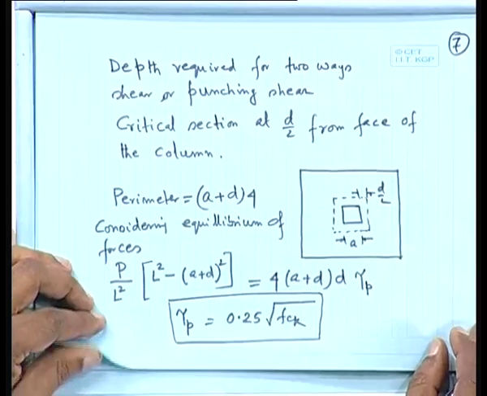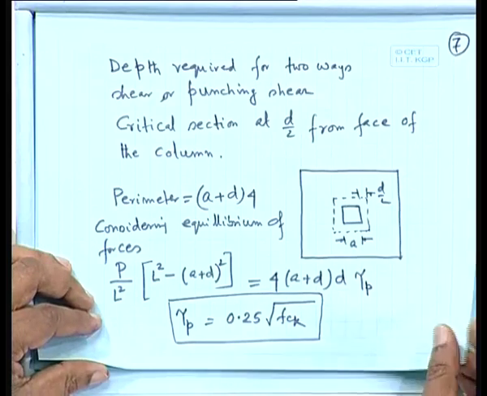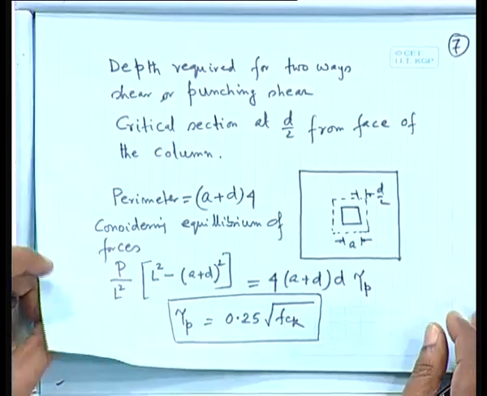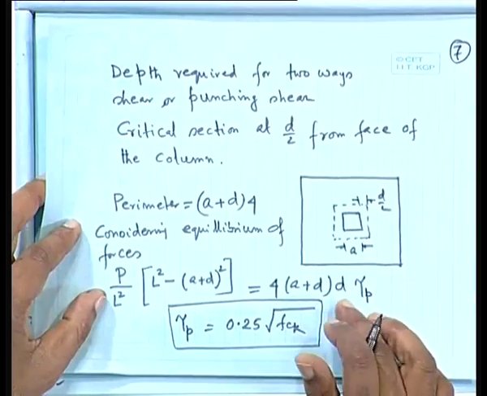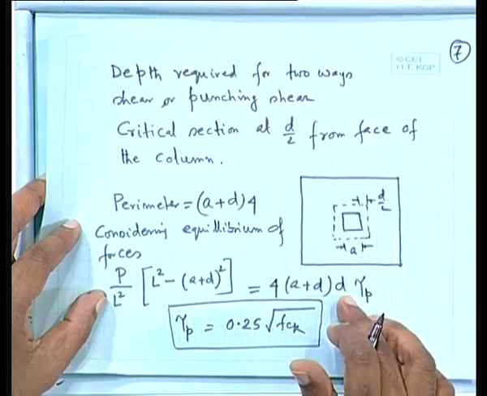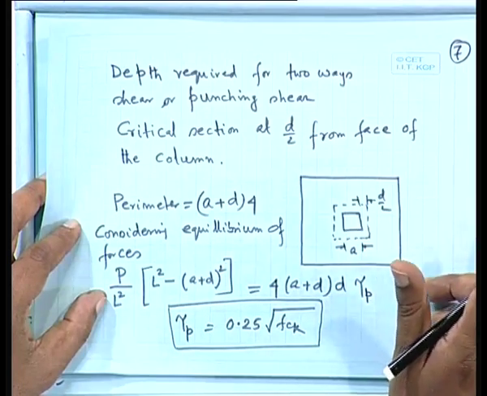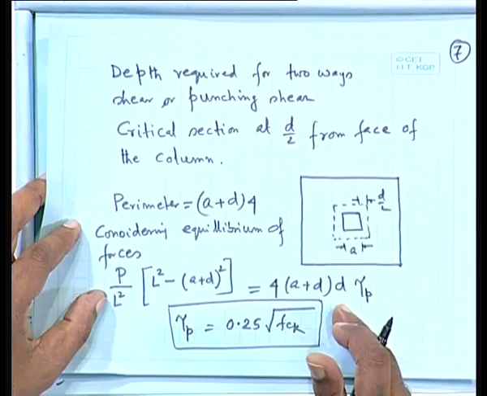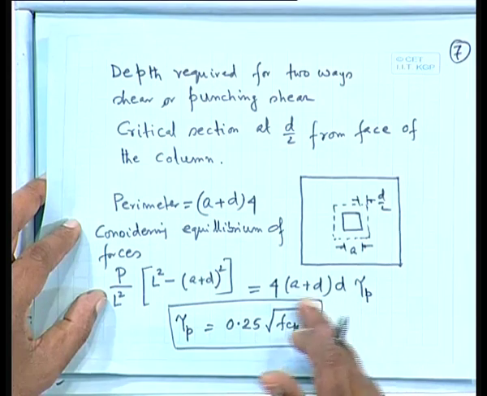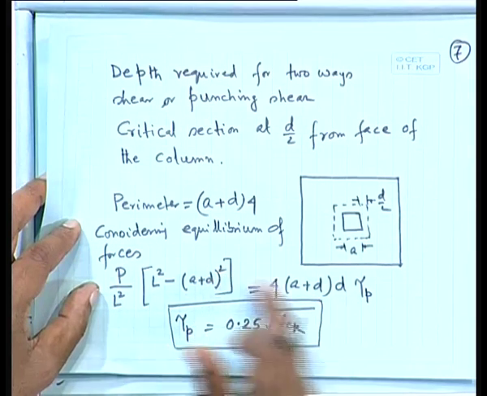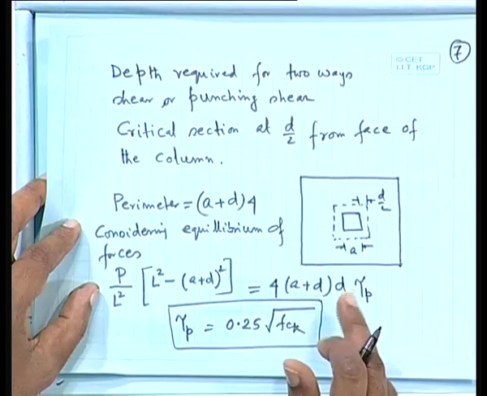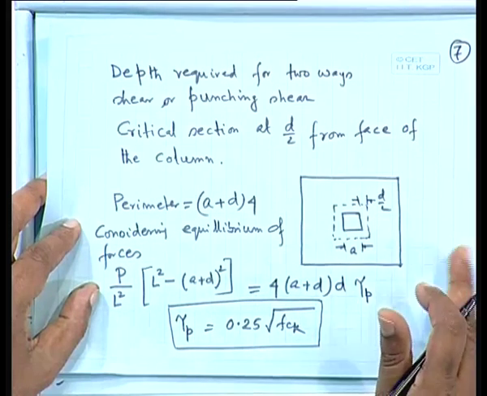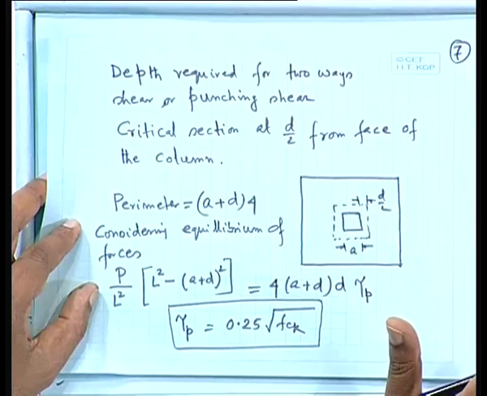So, what can we do here? Instead of doing that, we can simply put the value of D here. D equal to 0.57, we have already got it. Now, on the basis of that, I can check the value of D. If that D is less than 570 in our case, then we can say it is all right.